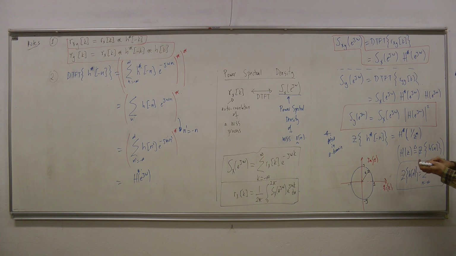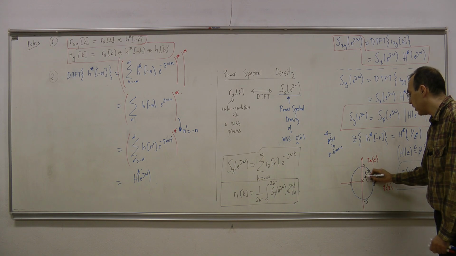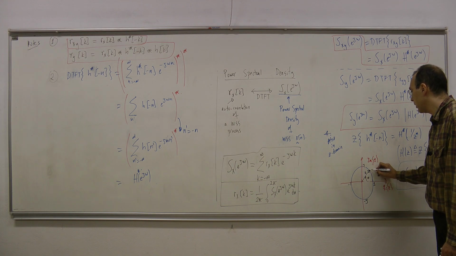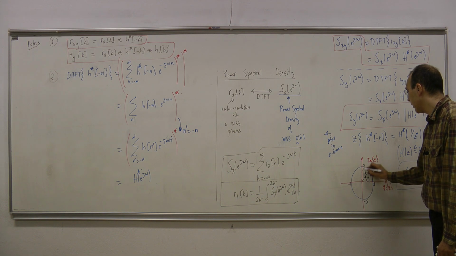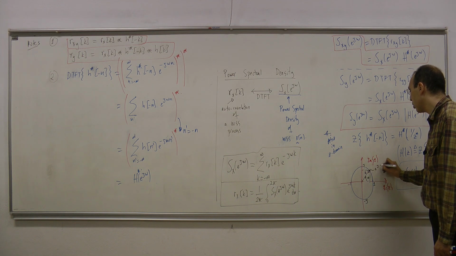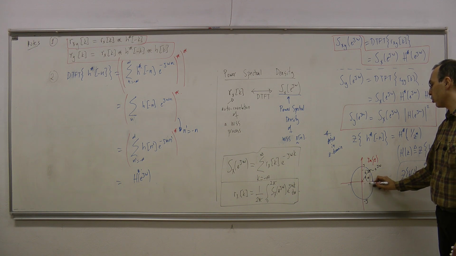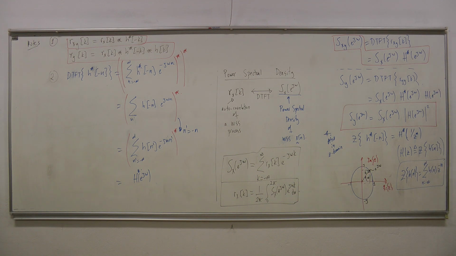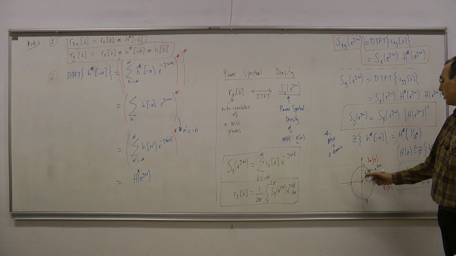And on the complex plane, if this angle is omega, this point I can write as e to the j omega. Okay? This part is cosine omega, this part is sine omega. So that point can be represented as e to the j omega, cosine omega plus j sine omega.